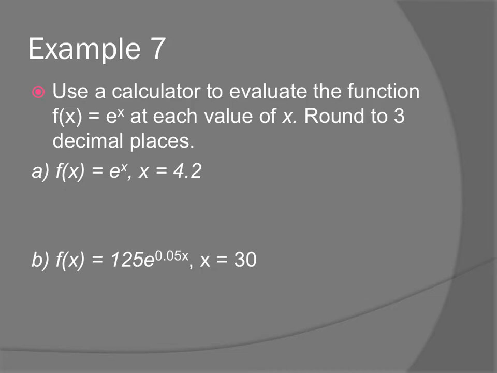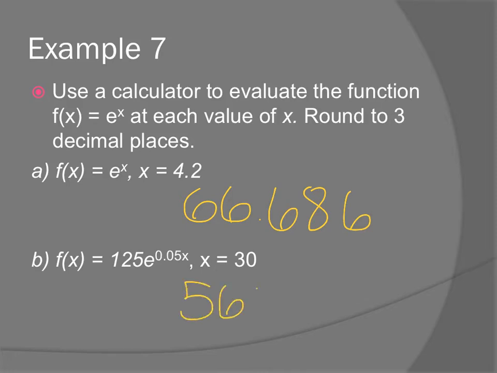And e to the 4.2 is 66.686, so 66.686. And then the next one, 125 times e to the 0.05 times 30. Make sure that 30 is in the exponent. And you should get 560.211.